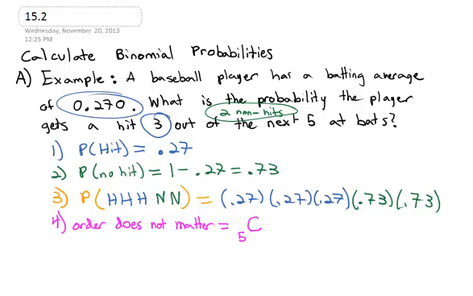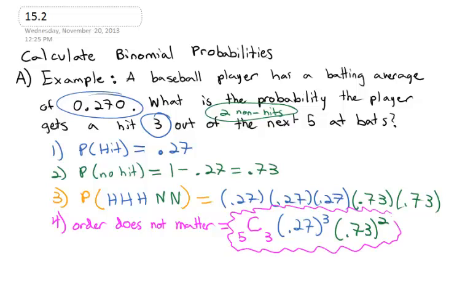There are 5 at-bats, and we're going to choose 3 of them to be a hit. So we're going to continue multiplying. So we're going to multiply 5 choose 3 times the 0.27. There were 3 of them, so I'm going to say to the 3rd power. And then misses, there were 0.73 to the 2nd power. This expression then will tell us the probability that 3 out of the next 5 at-bats will be hits.